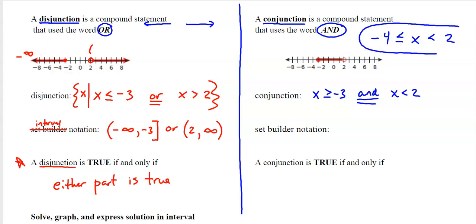Typically we write the and statements like this instead of having two separate pieces with the word and in between. You cannot do that with the or statements. There is no way to write an inequality like that if you have an or situation going on. Now, for set builder notation, again, let's just change this to interval.